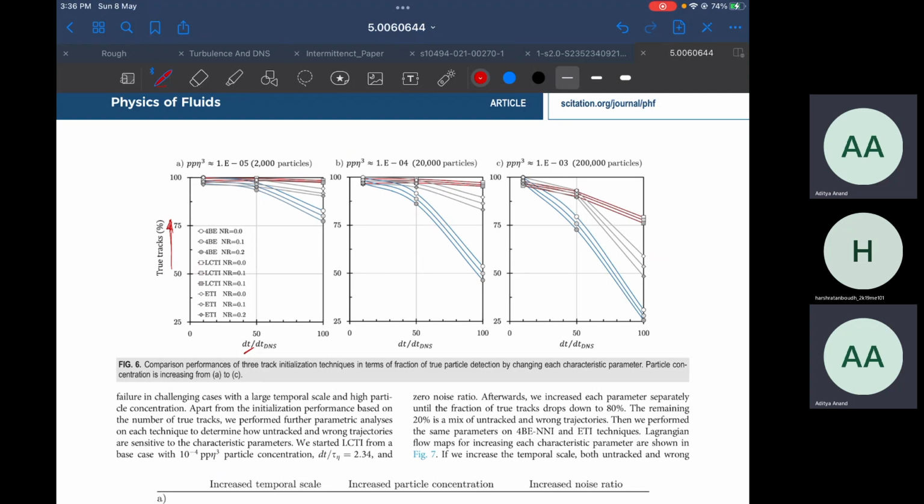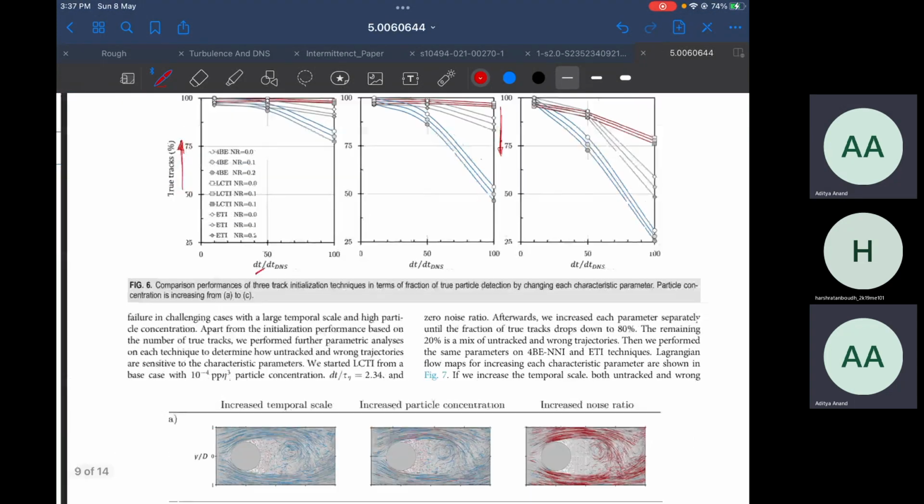Again, you have seeded more particles, but the noise might have increased here. This is just with particles. With a larger number of particles, this goes further away from these two tracks. And if you go even higher, the drop is almost linear here.